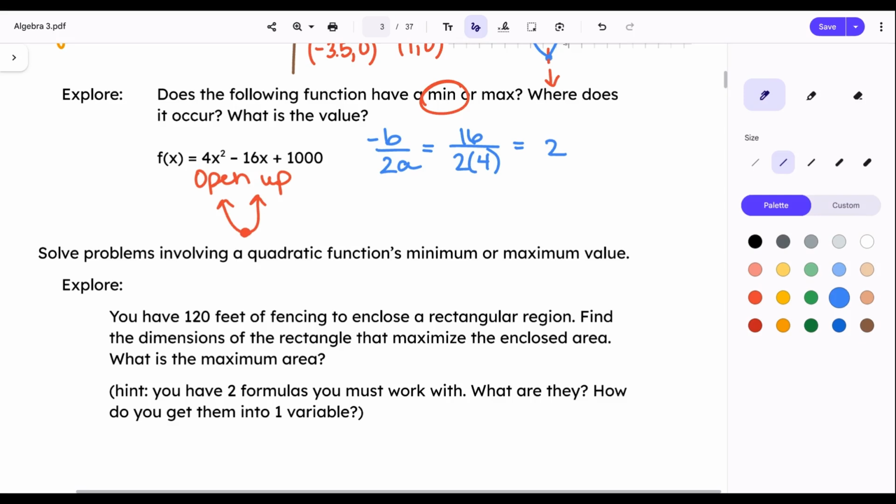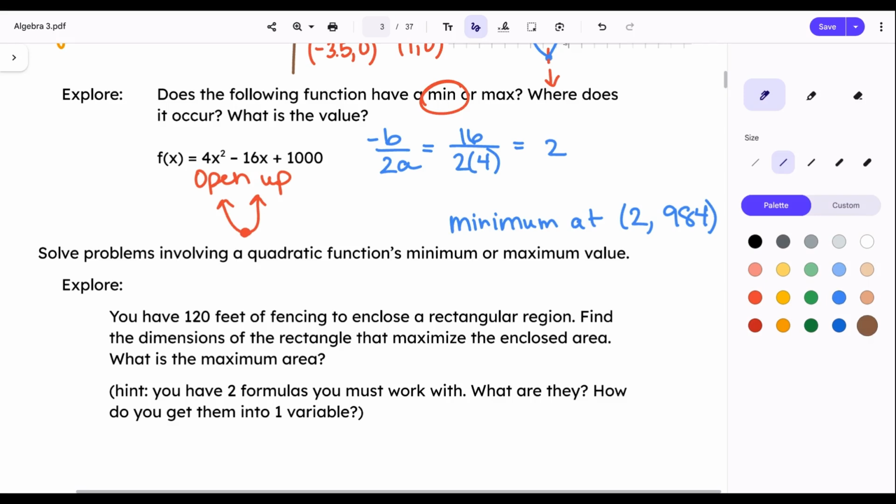Start it at 2 and tell me what you get for your vertex. It's going to be a big number. Not quite. So a minimum at that point, 2, 984.